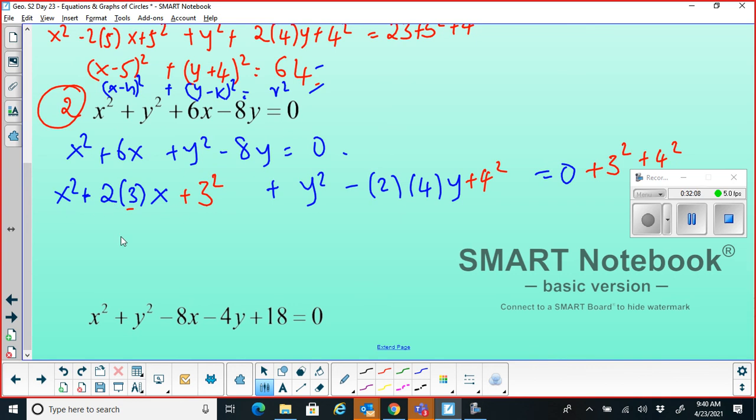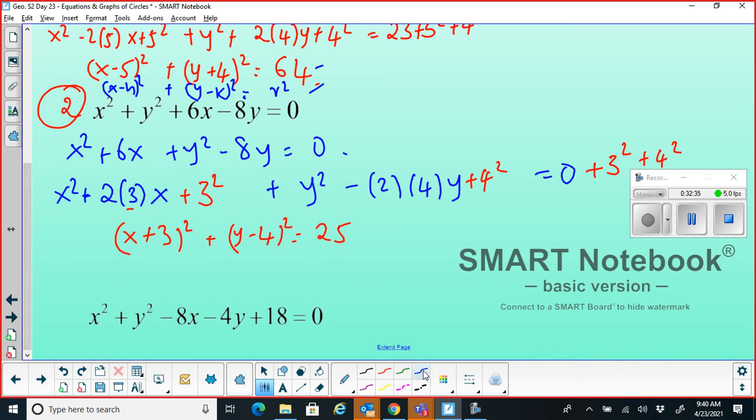The first 3 terms give us x plus 3 whole square, and the next 3 terms will give us y minus 4 whole square equals, 3 square is 9 and 4 square is 16. 16 plus 9 is 25, and this is your r square.